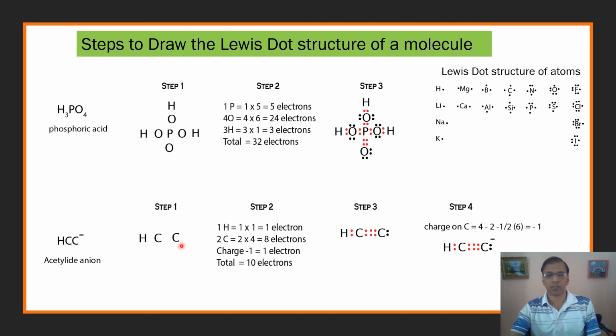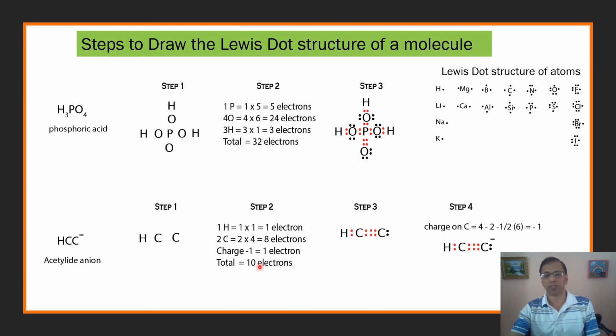Between hydrogen and carbon, you put 2 electrons, because 2 electrons represent 1 bond. And then you have 2 electrons on the last carbon because a -1 charge is equal to 2 electrons. And then you put the rest of the electrons between the 2 carbons.